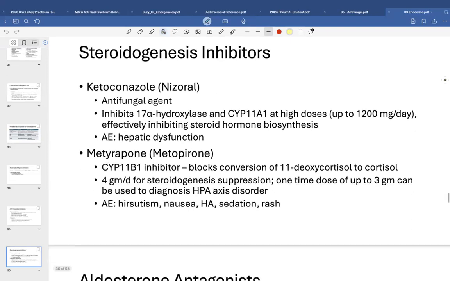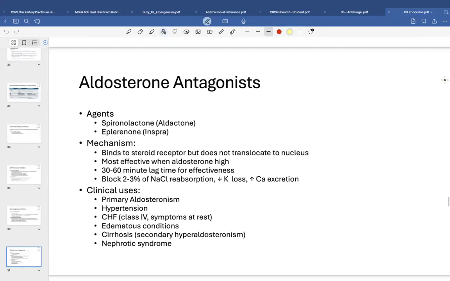Then we have the aldosterone antagonists, and this slide is a straight copy-paste from when we discussed diuretics last semester. The aldosterone antagonists are drugs that basically oppose the effects of aldosterone. They include spironolactone and eplerenone. They basically oppose the effects of mineralocorticoid hormones. They look a lot like the mineralocorticoid.